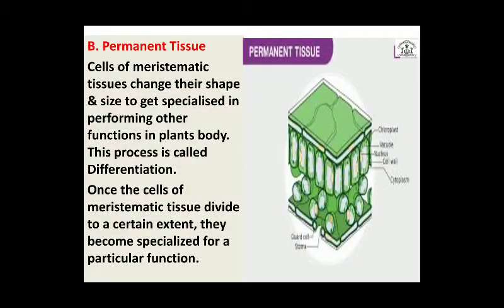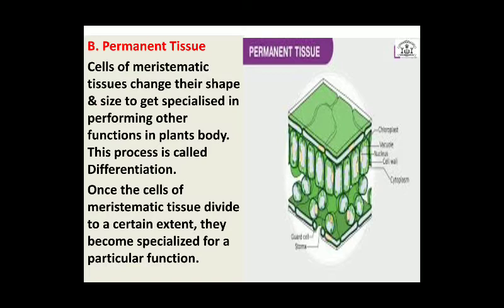Permanent tissue. This is the second kind of tissue in the plant. These tissues are responsible for the change of shape and size so that they become specialized in performing other functions in a plant body.